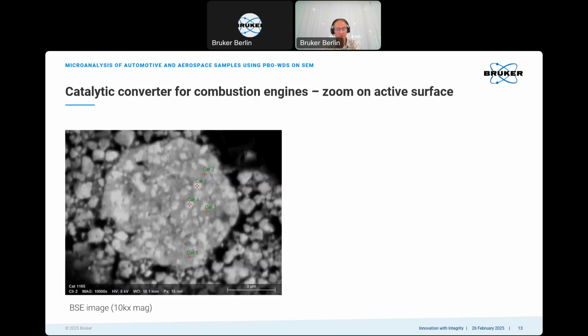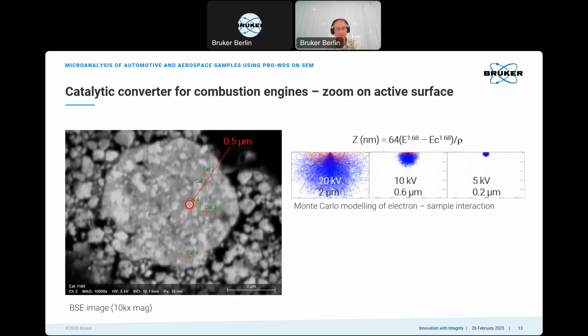We further zoom in and we see that even the larger particles consist of smaller particles. It's a heterogeneous mass with some bright particles and darker matrix. The particles are less than a micrometer in size.